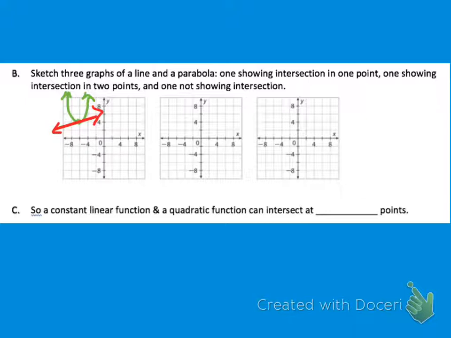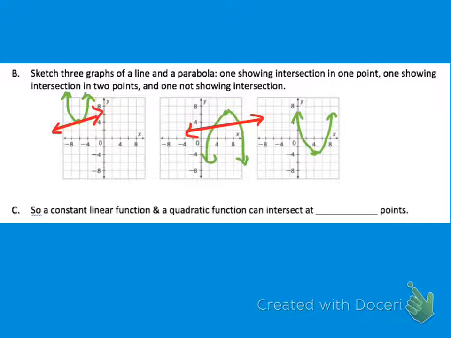Now we could have a situation where the parabola is opening down, and if we wanted to show 2 solutions, maybe you have a line that goes like this, and it crosses in 2 spots. And then, similar to the one we saw in the introductory example, let's say we have a parabola opening up, but its vertex is right here, like this.